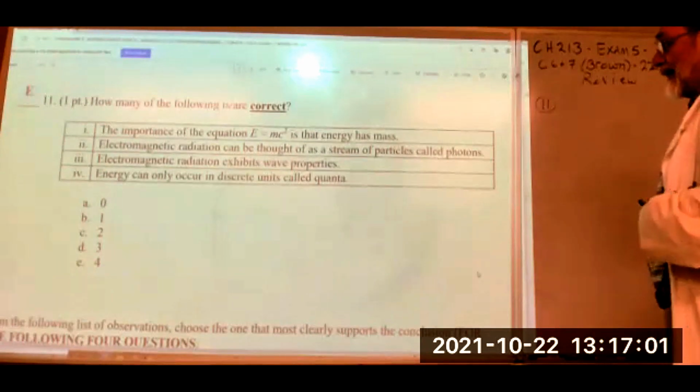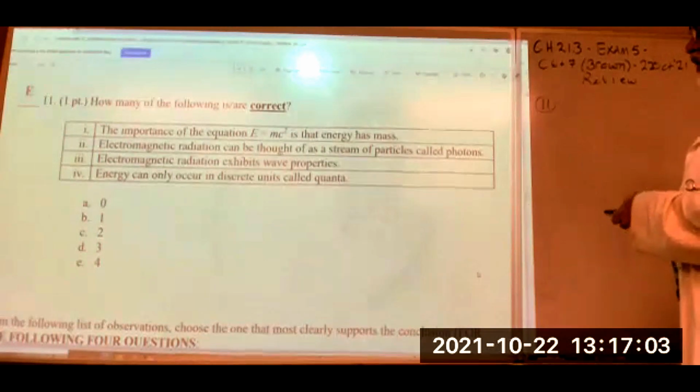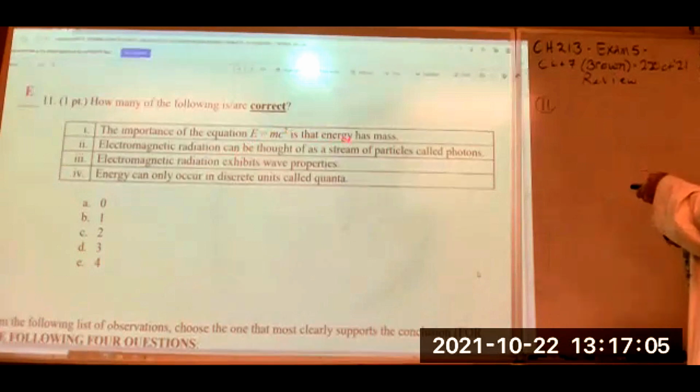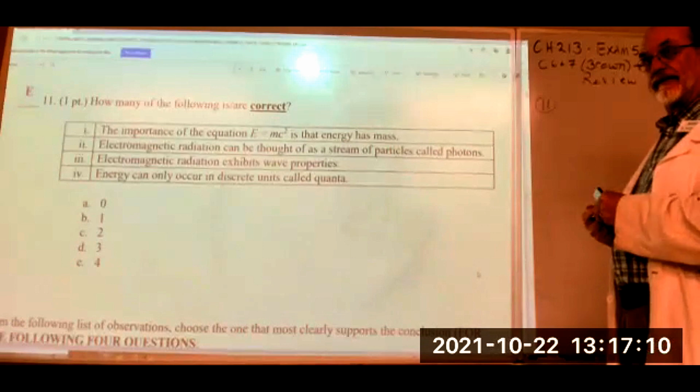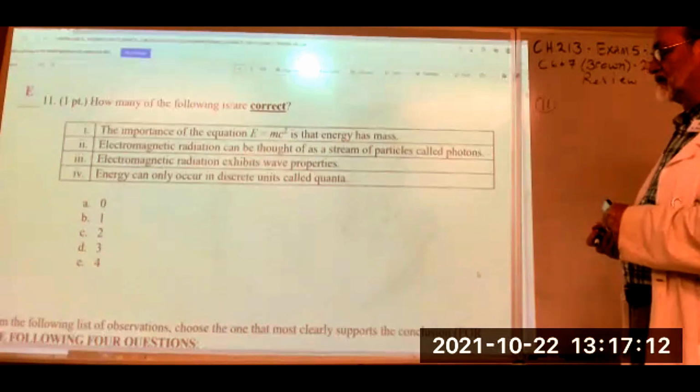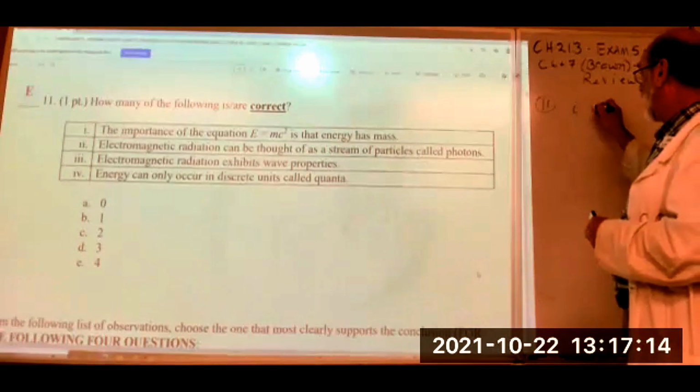Okay, we have to take them one at a time. The importance of the equation E equals mc squared is that energy has mass. Yeah, I think that's a fair statement. They're interconvertible. So I is true.